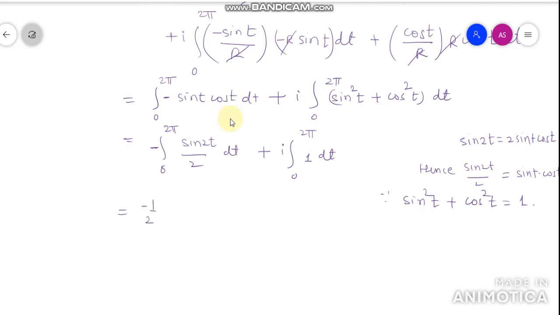Therefore minus 1 upon 2. What is integration of sin 2t? Minus cos 2t divided by 2, limits from 0 to 2 pi, plus i into t, limits from 0 to 2 pi.